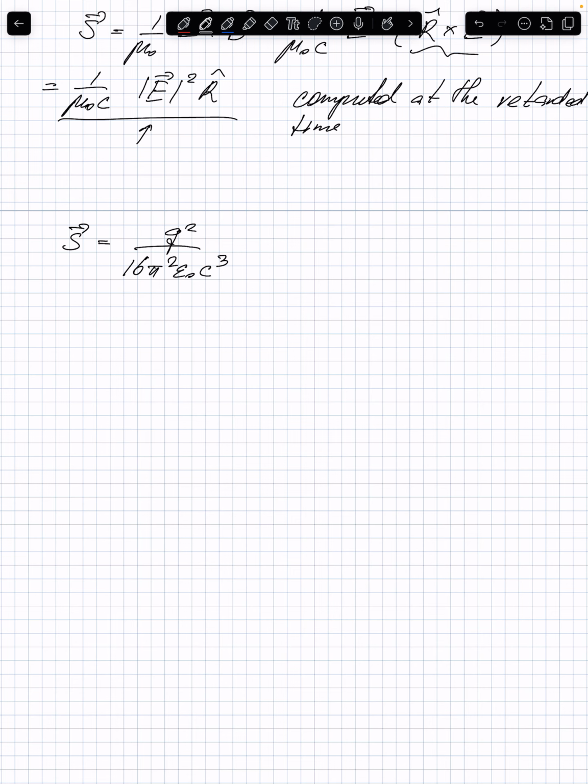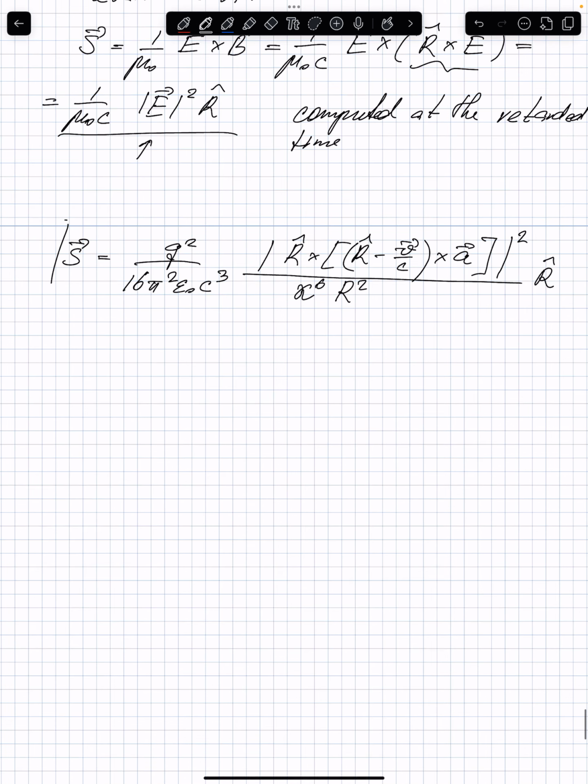Now you will have the absolute value of a pretty complex expression: r hat crossed with the vector r hat minus beta c vector, and that in its turn is crossed with the acceleration vector a. The bracket closes, and then we square this. We divide this by the factors of kappa to the 6, r squared, and everything multiplies the unit vector r hat. The multiplication by the unit vector r hat came from this piece, right?